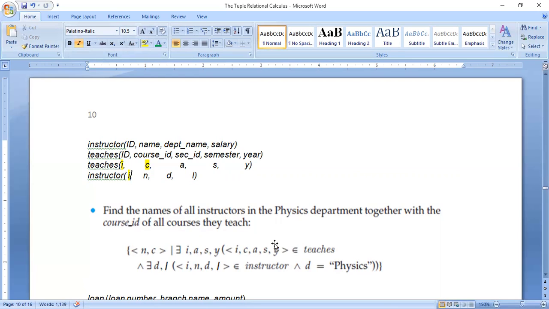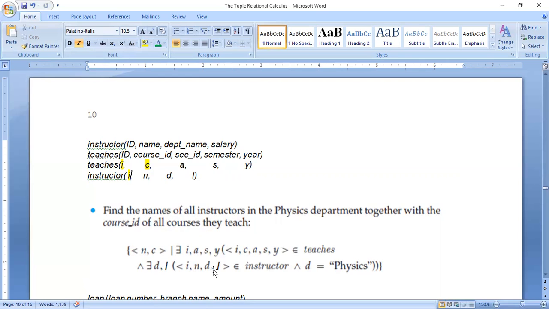Okay. Now we have to print the name of the instructor also. So this name of the instructor is from the instructor relation, so we use the instructor relation, and this instructor relation consists of I, N, D and L as domain variables.